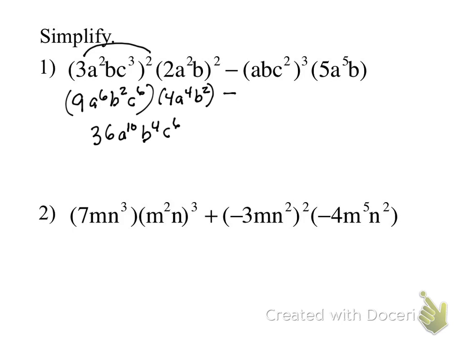Minus, over here I'm getting a to the 3rd, b to the 3rd, c to the 6th, right? Times 5a to the 5th, b to the 1st. So that simplifies to 5, I have a to the 8th.